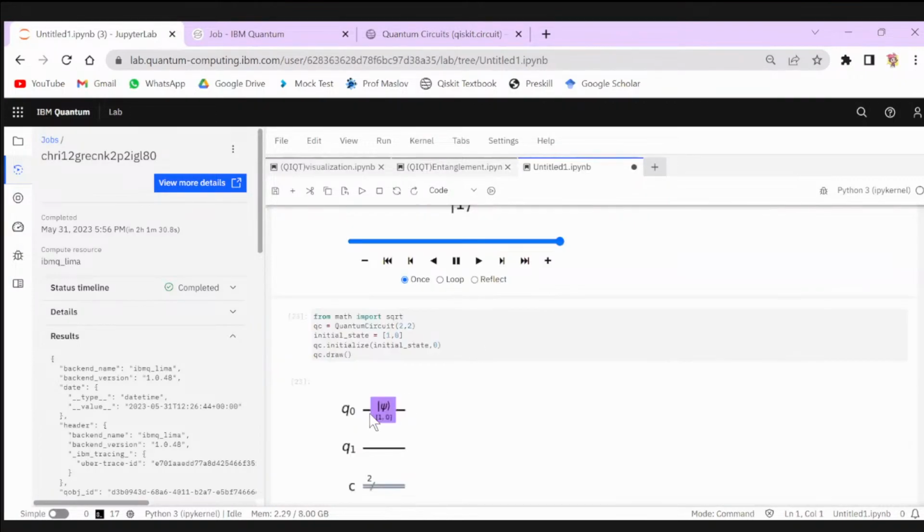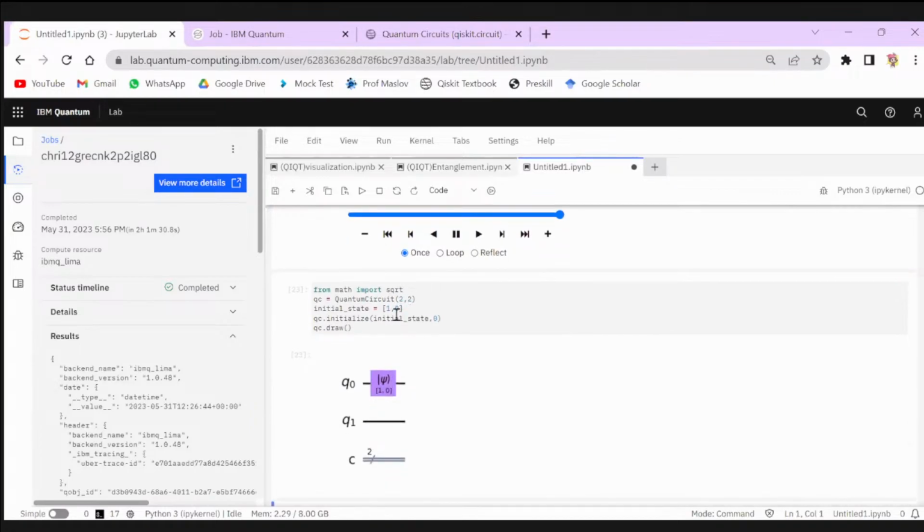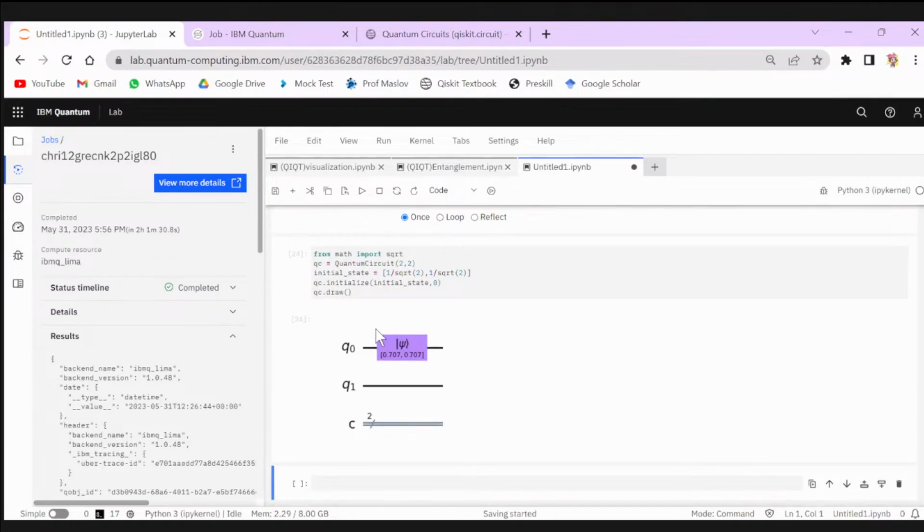So you can see we can initialize the state with this state.